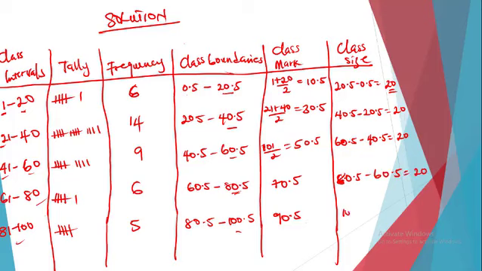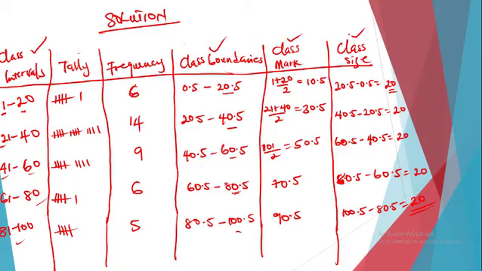Then for this, you have 100.5 minus 80.5, which is still 20. Okay. Now that is how we can actually find the values of the class interval, the class boundaries, the class mark, and the class size.